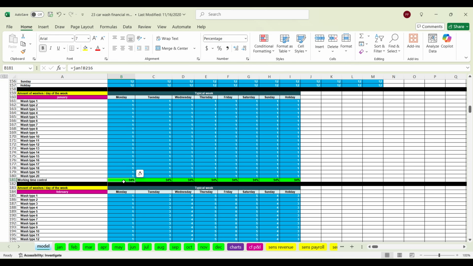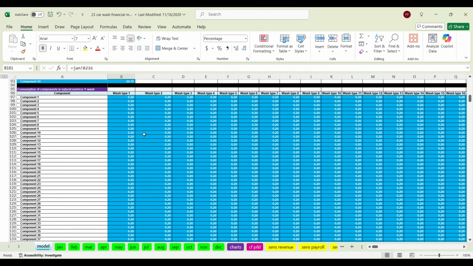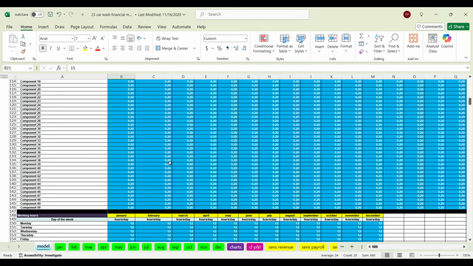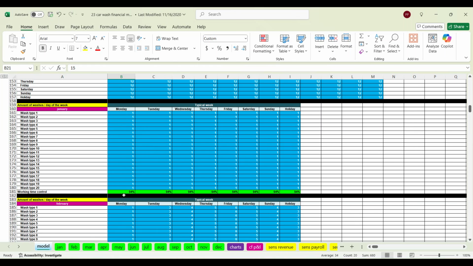So what it gives us is a credible revenue generating algorithm that will give us the accurate revenues, the accurate payback period, and so on. So this is very important. The timing that we were specifying here, the duration for the car washing services that we were doing at the beginning, all this timing reflects this conditional formatting line, saying that if the total amount of services exceeds the working hours, we will be given the error, the red.